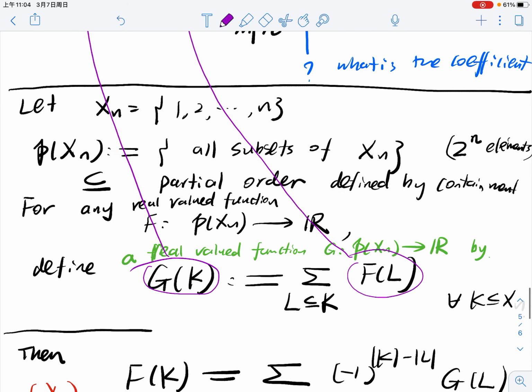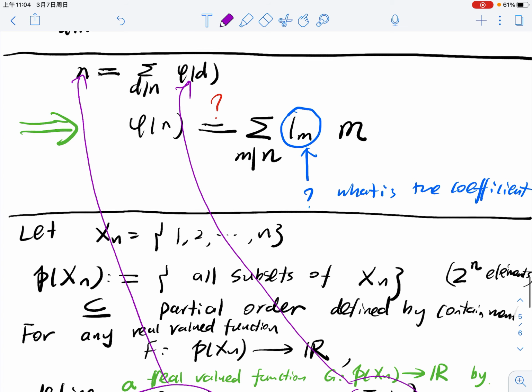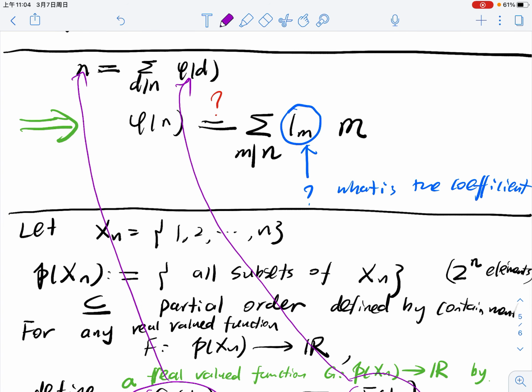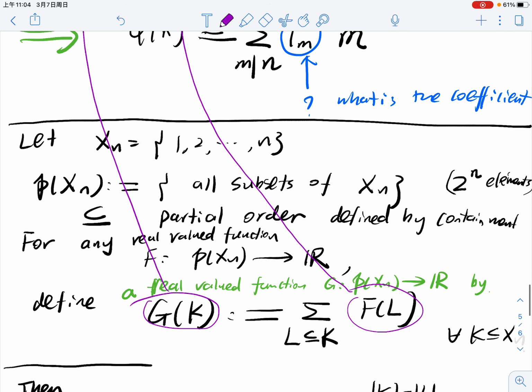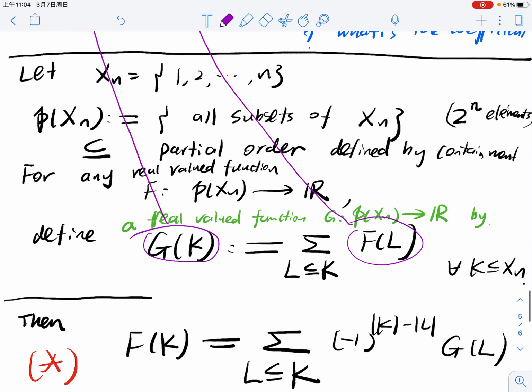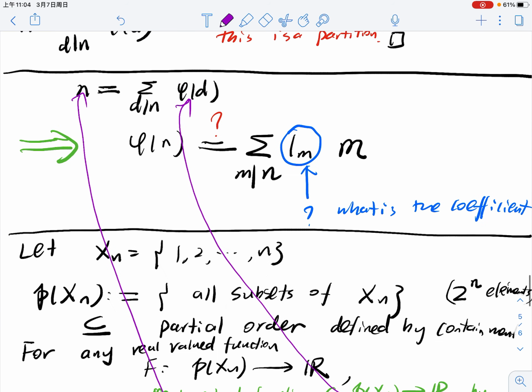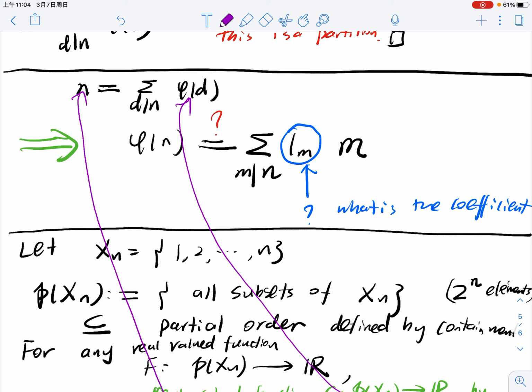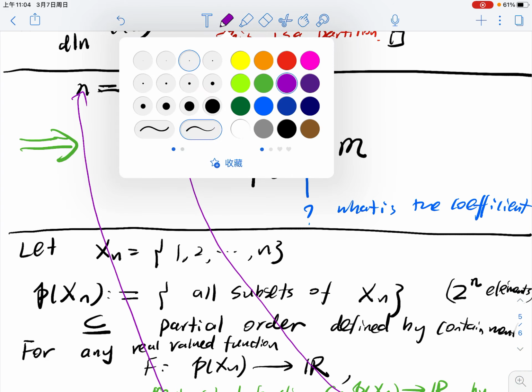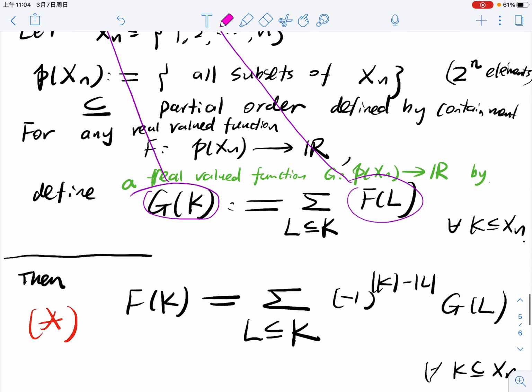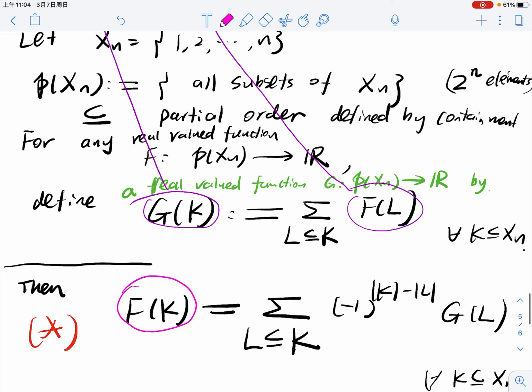And this is what we have, probably quite natural. And what we want to know actually is the inverse, how to rewrite F as a summation of G. So the result, we are going to prove at the end of this lecture. So here we just admit this.